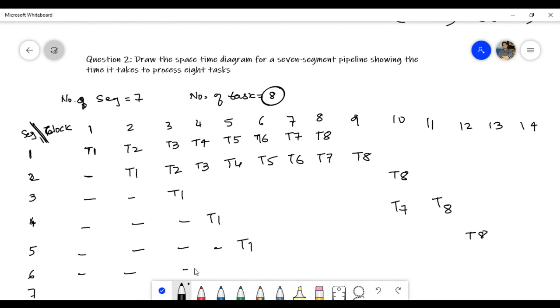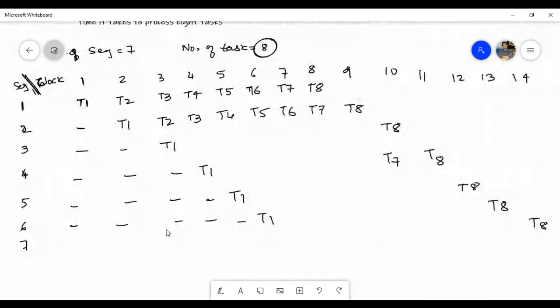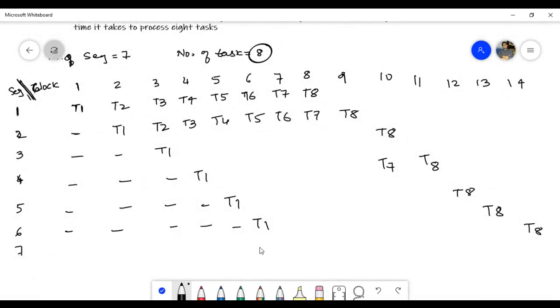It will be shifted T1 to T8. So how many clocks do you get at the last? With the 14 clocks, you need to perform this total task. Okay. Hope you got it.